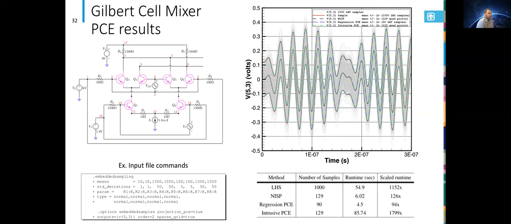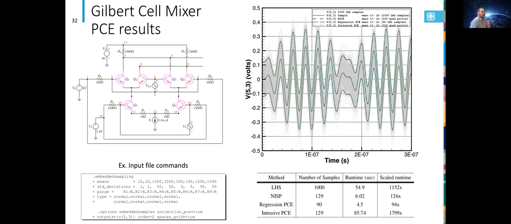For the two semi-intrusive PCE methods, NISP and regression PCE, the runtime was consistent with the number of points that I was using. NISP required 129 quadrature points, and that took around 126 times the runtime. In the case of regression, since I was using 90, Xyce took a little over 94x.